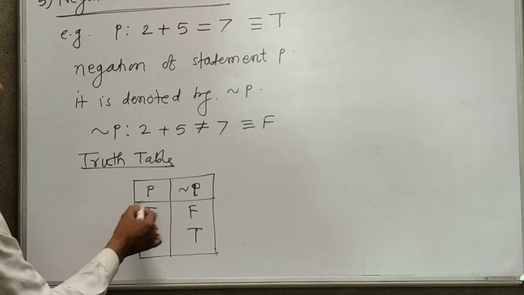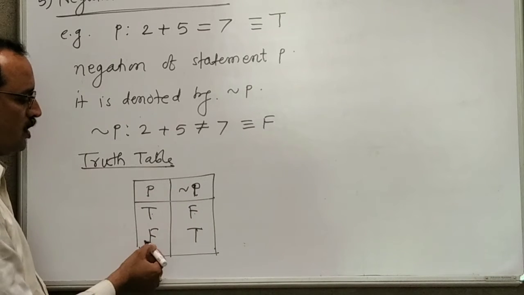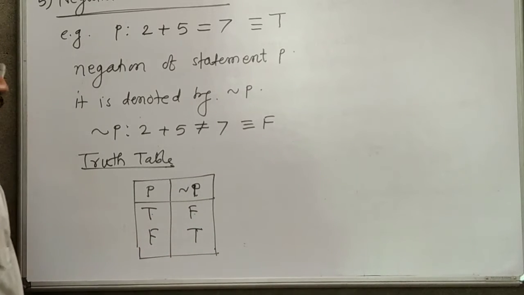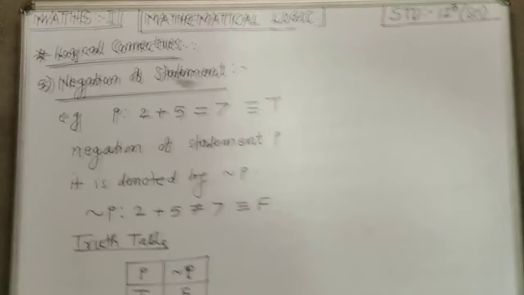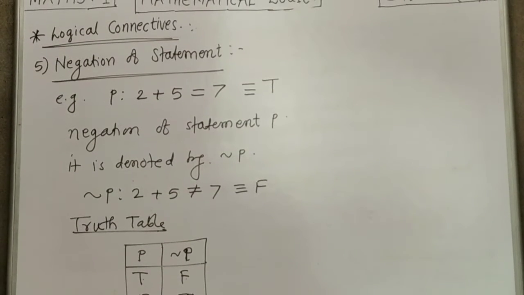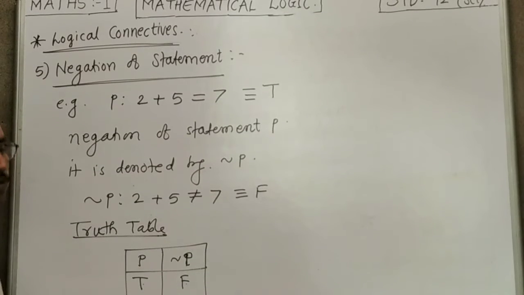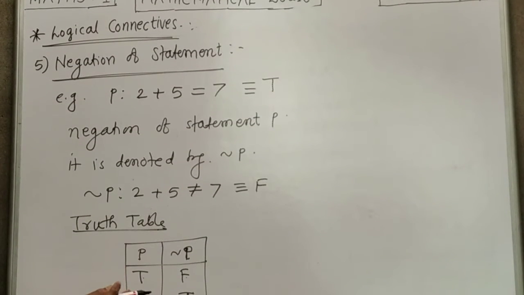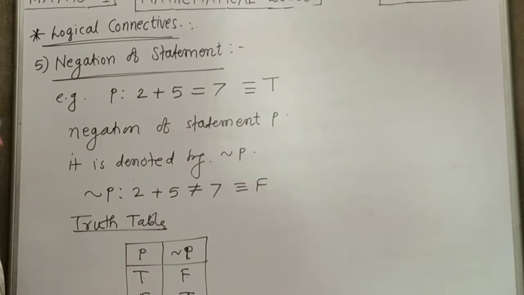So this is the truth value of negation: T F, F T. So in this way we complete the 5 connectives. First one is and, second connective is or, third is if then, fourth is if and only if, and the last one is negation.